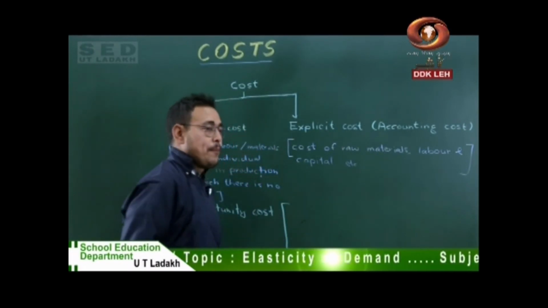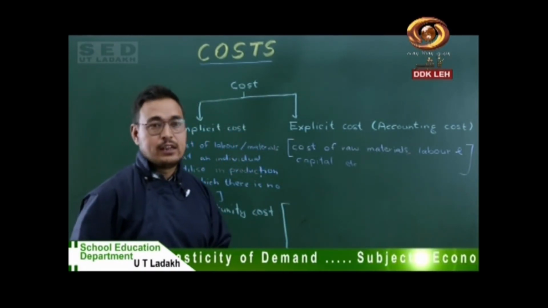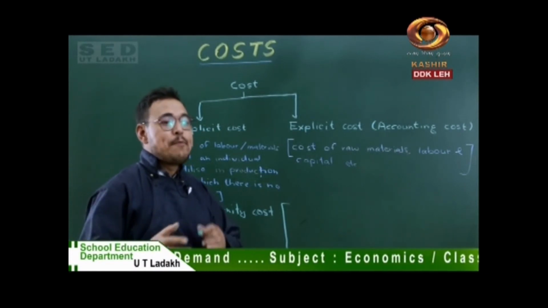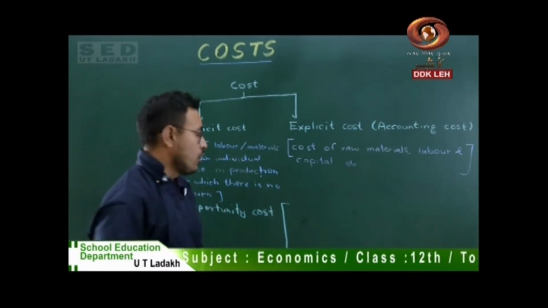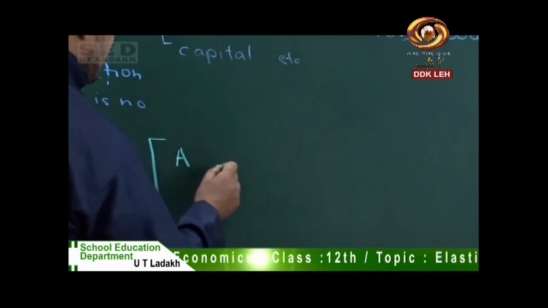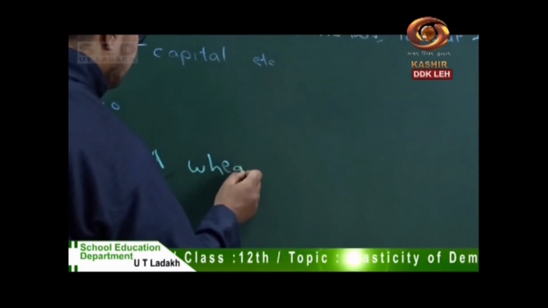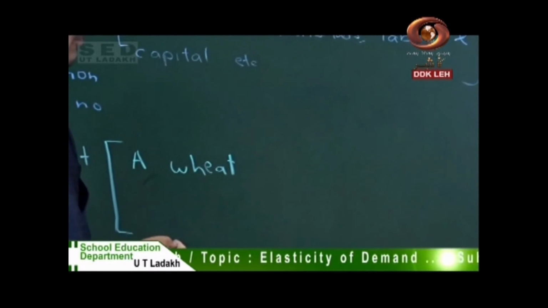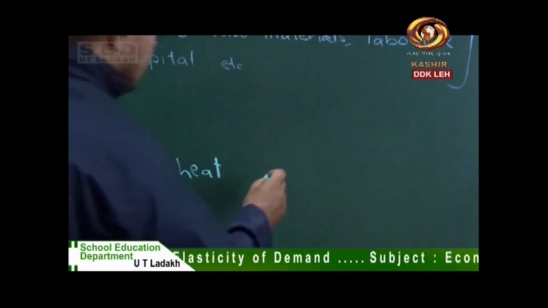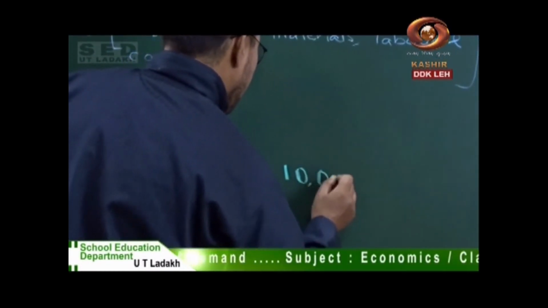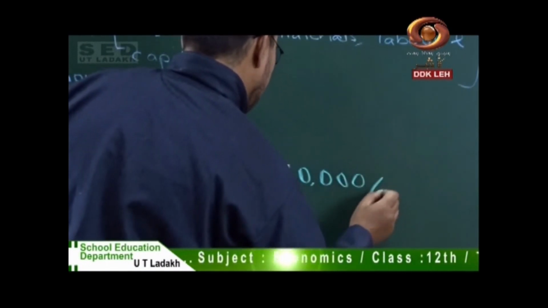For example, take the case of a field. Suppose I have a field, so I might have certain options. Option A might be that I am growing wheat, and the revenue that is generated is 10,000 rupees.